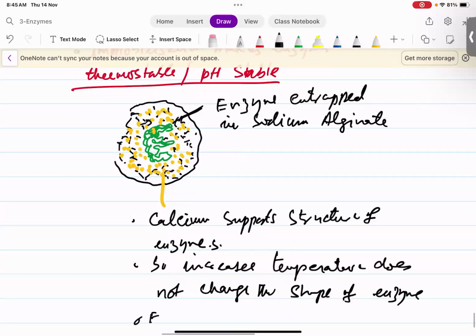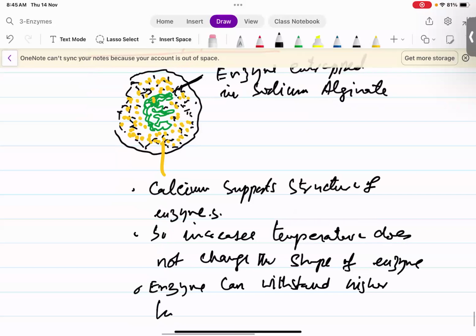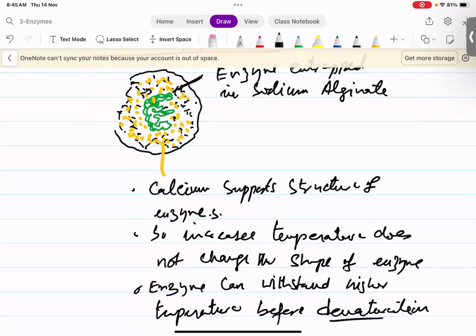So enzymes can withstand higher temperature before denaturation. Okay, so very high temperature as compared to the free enzymes is needed to denature these enzymes. Similarly, the same happens if the pH of the medium is changed.